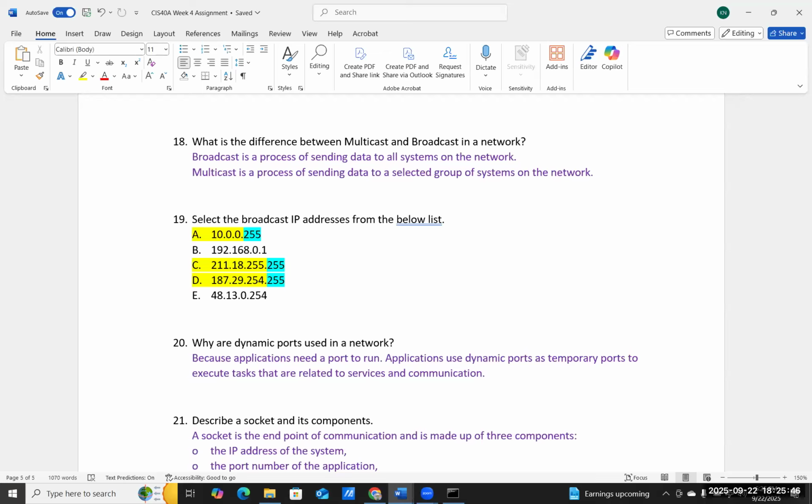So in that range, I can dynamically pick a port that is available for that application. They do this for convenience, fast response, performance, etc. Also from a security side, you're not tied to a specific port where someone can find that and attack you and take down your service.